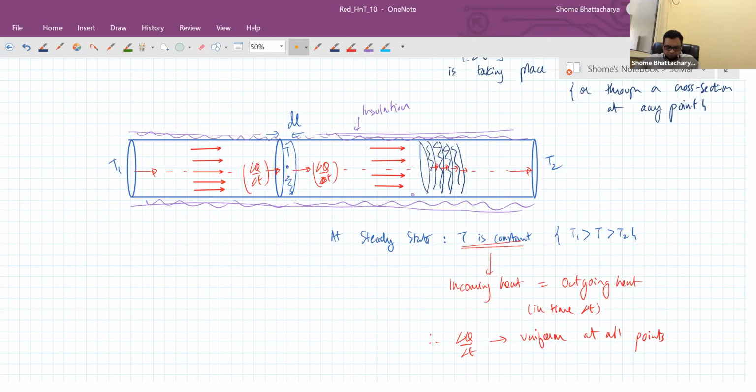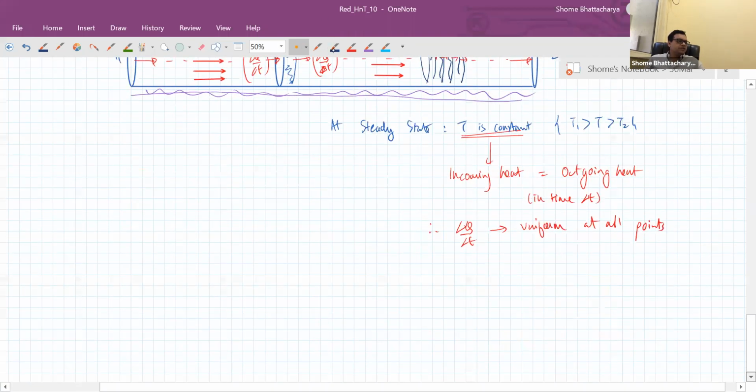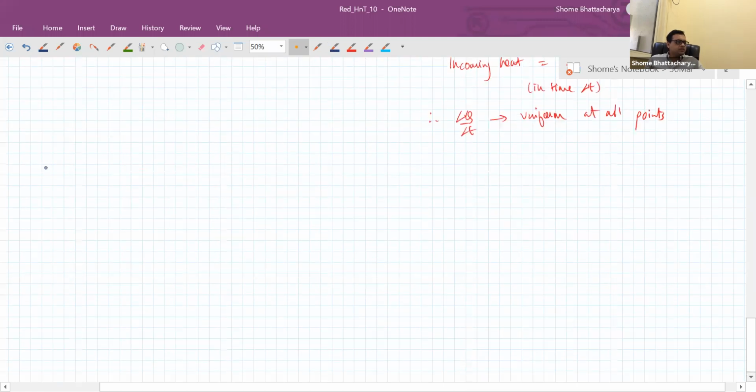All right. So once we have established that there is a uniform heat current or rate of heat flow, next what we can see is what this actual rate depends on. So this will be directly proportional to the temperature difference, directly proportional to the area of cross section, and inversely proportional to the length. Okay.